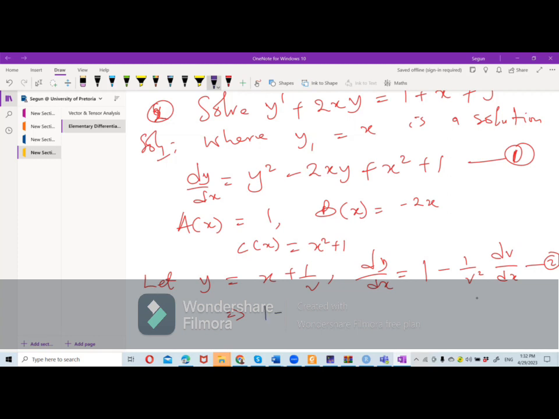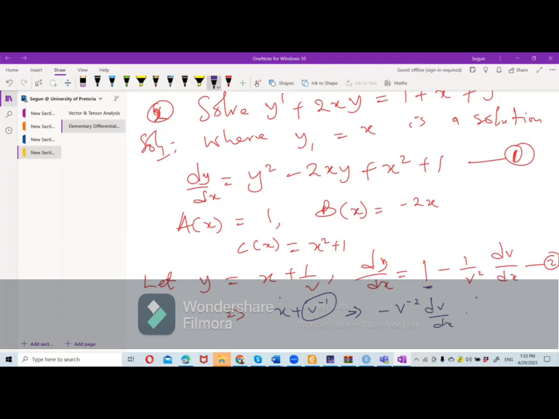And this one is the same thing as plus v raised to power minus 1. When you differentiate this alone, you have minus v raised to power minus 2 dv dx.